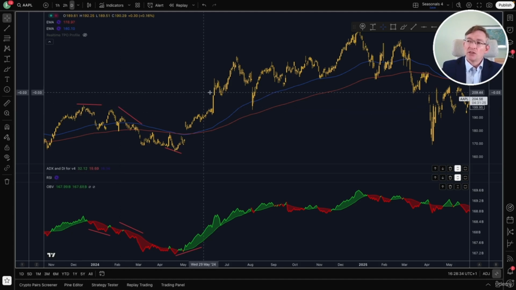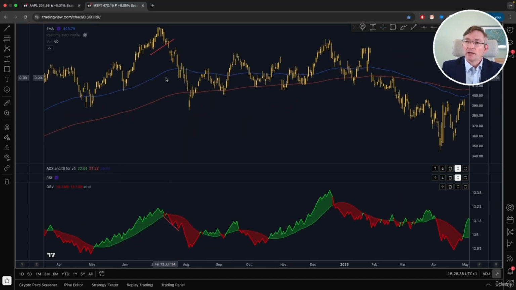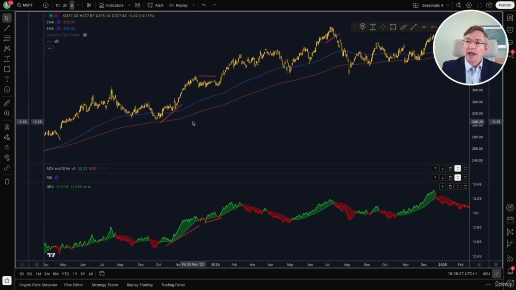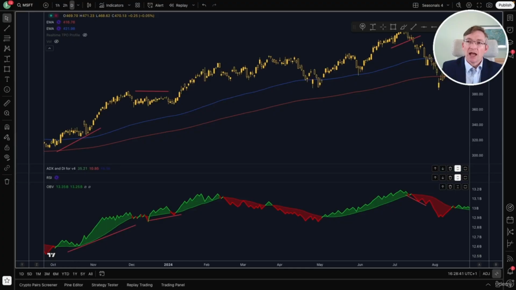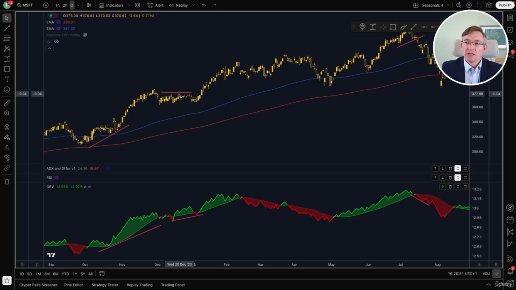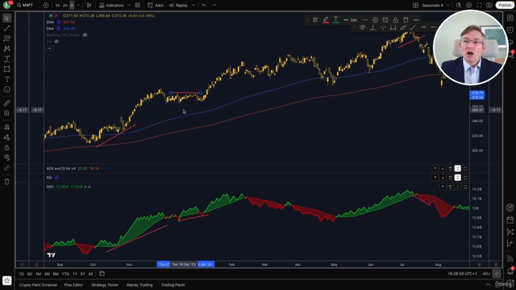Now, this is also very helpful in another way, okay? How about when you see price flat, as you've got in Microsoft here? So you've got this period, right, from December 2023 to January 2024, and you see how price is basically flat in this non-committal line for that whole period of time, right? Wow, you think, okay, well, what's going on here?